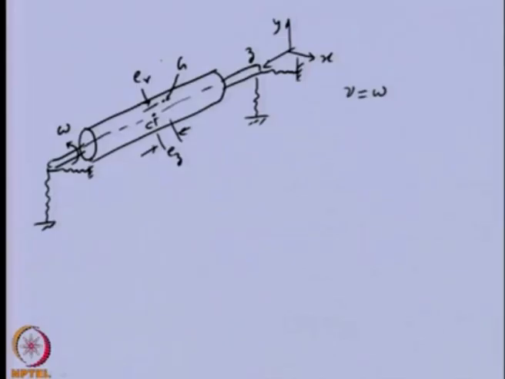So, we have not only the radial eccentricity but also the axial eccentricity, and because of this we will get not only the unbalanced force but also the unbalanced moment.